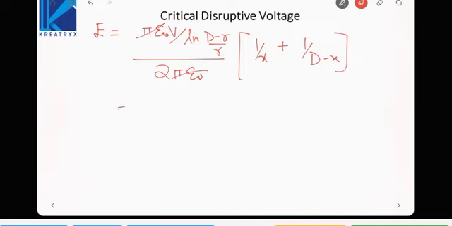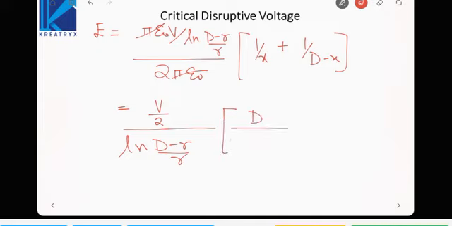Here V will also be there, so V by 2 divided by ln (d minus r) by r. If we take the LCM of these two terms, it will be d minus x plus x, over x into (d minus x).